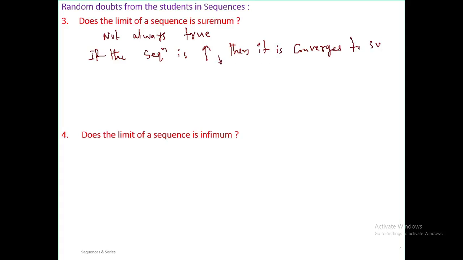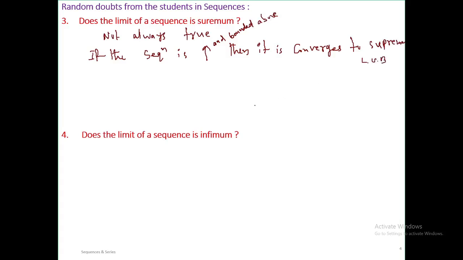Let me write it here, because this is precise. If it is increasing and bounded above, then it converges to the supremum, or least upper bound, LUB.